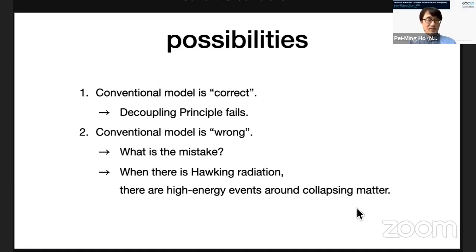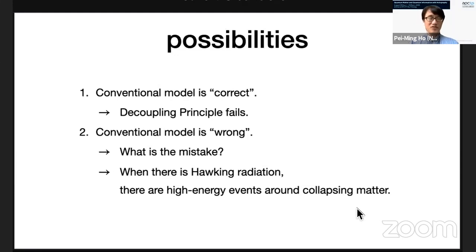The other possibility is that the conventional model is wrong because it misses something. Maybe it's not the generic case. Maybe it requires fine tuning, or maybe, well, I wouldn't say they made mistakes in calculation. That is very unlikely because a lot of people have repeated the calculation, but maybe they have missed something.